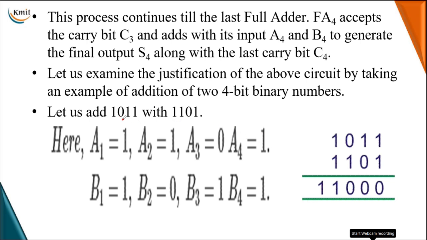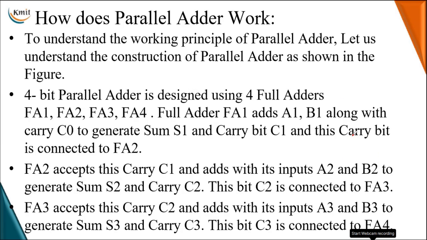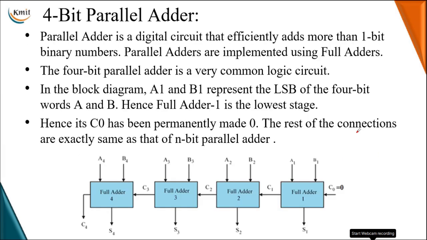So A1 is 1, A2 is 1, A3 is 0, A4 is 1, and the second number is 1101, so B4 is 1, B3 is 1, B2 is 0, B1 is 1, where C0 is 0. Now the first full adder will add A1, B1, C0.